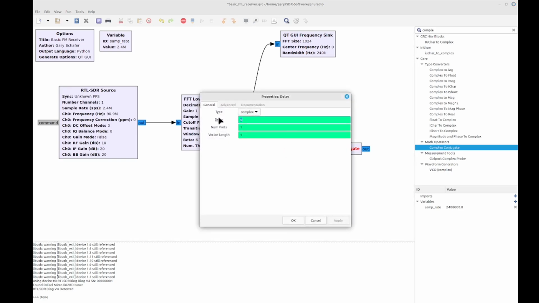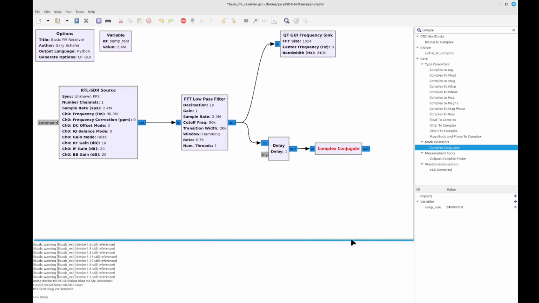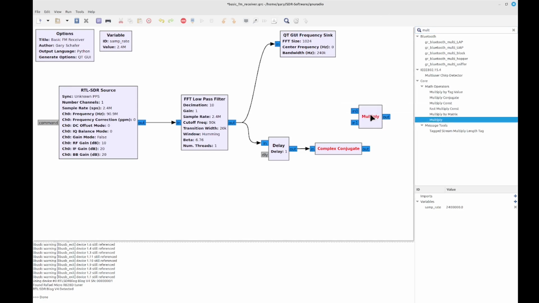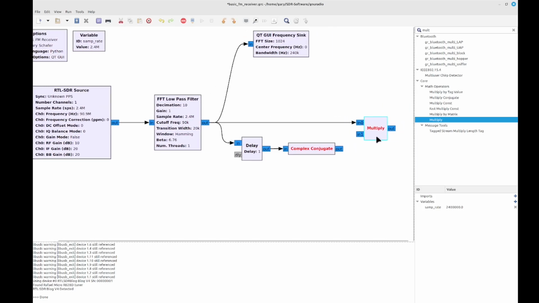I'm going to set the delay to a value of 1 sample. And at the end here, I'm going to add a multiply block. The output of the filter is going to go directly into one of the input ports. The output of the complex conjugate will go into the other one.